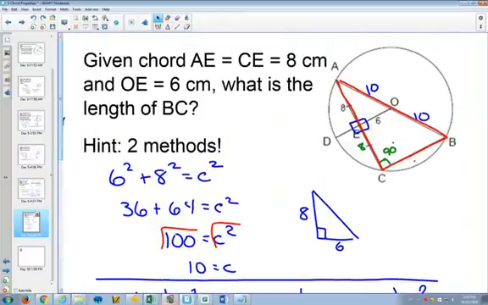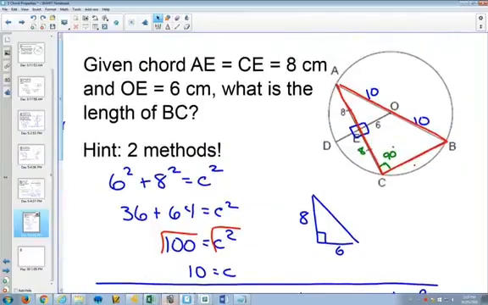So a second method uses the fact that this green triangle has this angle, and the red triangle has this angle. That means that this angle in the red triangle is equal to this angle in the green triangle.